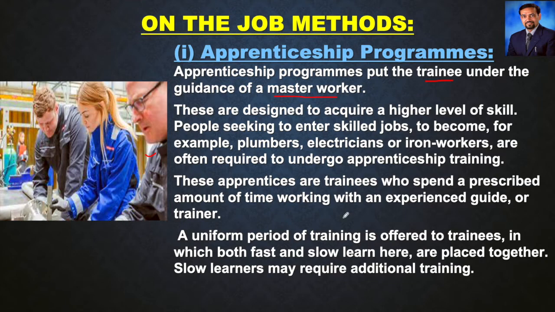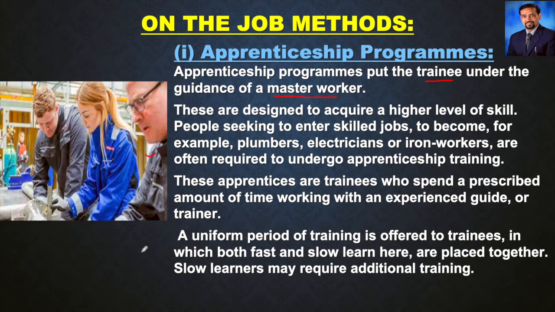Basically this is designed to acquire a higher level of skill. Under this method, the trainee, whom we also call the apprentice, works under the guidance of a master worker who will guide and help him in learning the job.